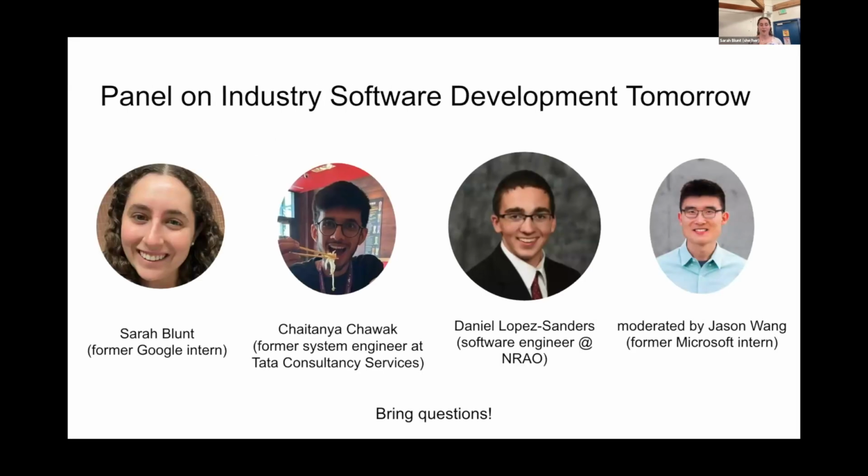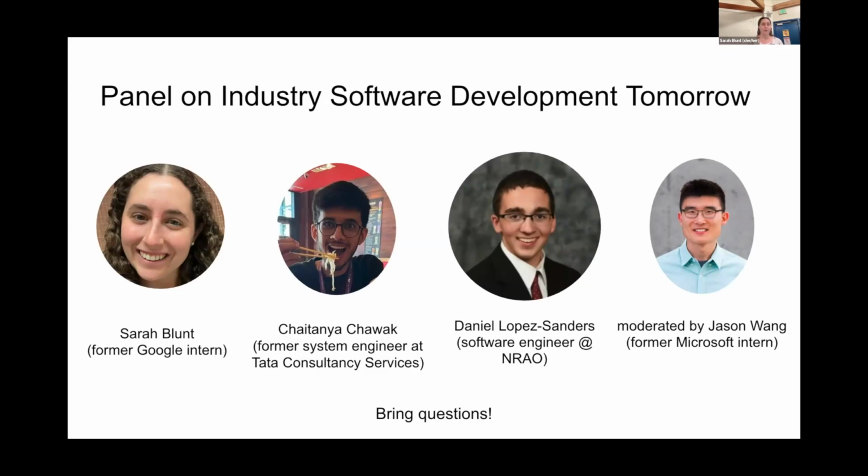The other thing that we're doing tomorrow is a panel on industry software development. So we're going to talk both about how do you transition from academia to industry, and then how industry looks different from academia, both in terms of daily life and then what the actual work looks like, how software practices differ in academia and industry.